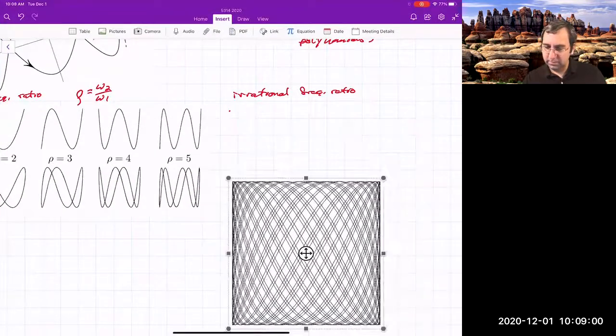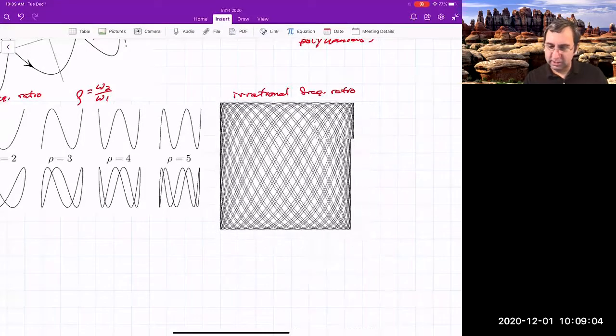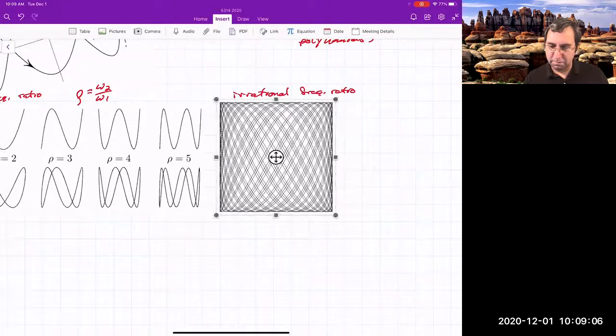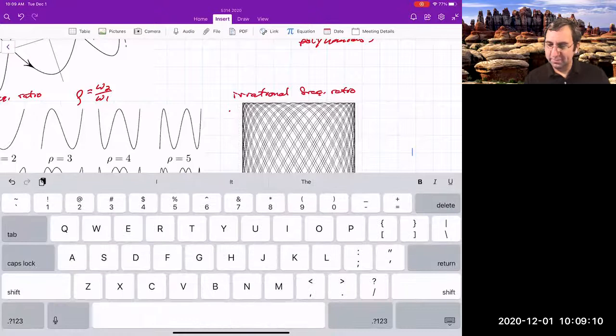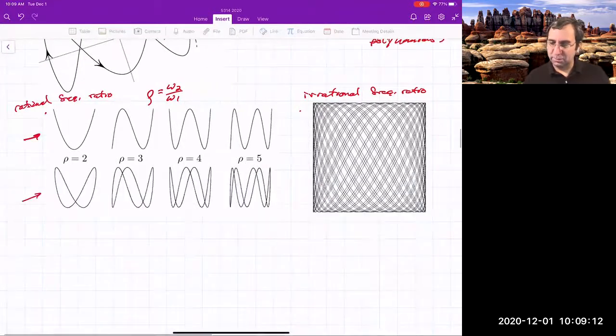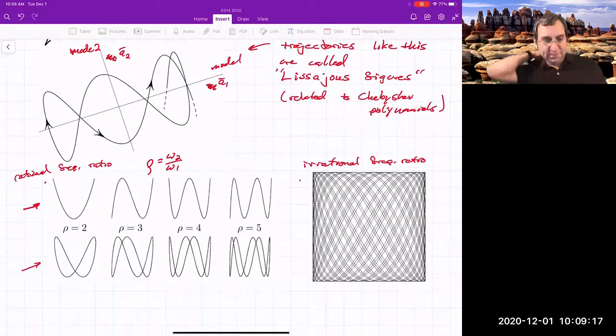There we go. You can kind of see it's like filling stuff up, and you've got these two sinusoids, but they seem to fill a space. They seem to fill a rectangle. So this is in 2D.